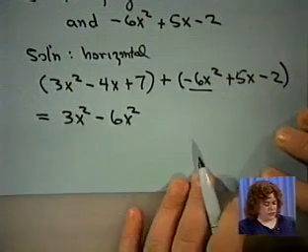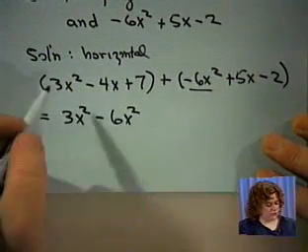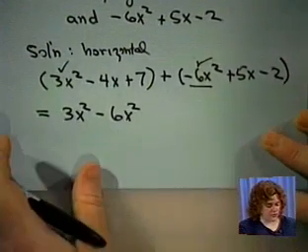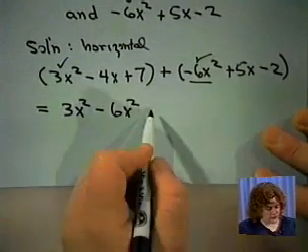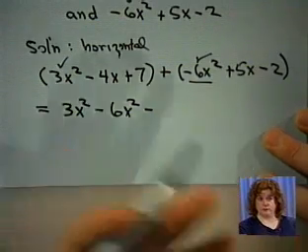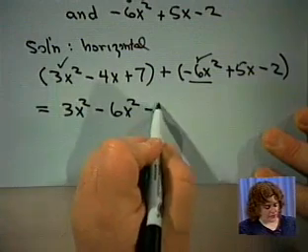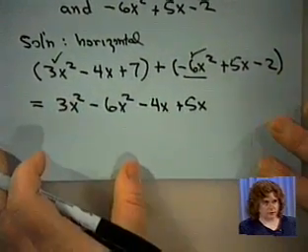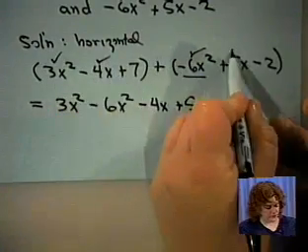And especially when you're first starting out on these, a good thing to do is check them off as you finish them, or cross them off, put them in boxes. Give yourself a visual aid to help you keep track. We'll put together the terms that just have a plain old x. So we've got a minus 4x plus 5x, and then we'll put the constant terms next to each other.